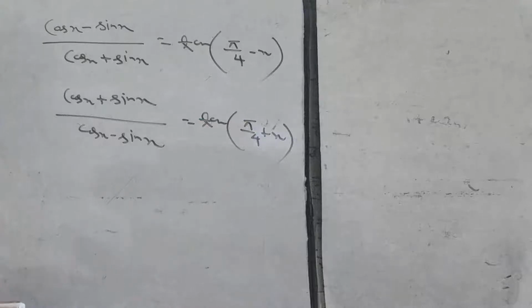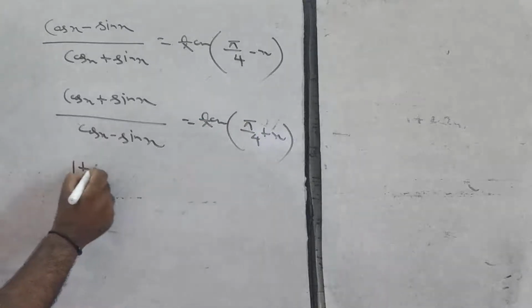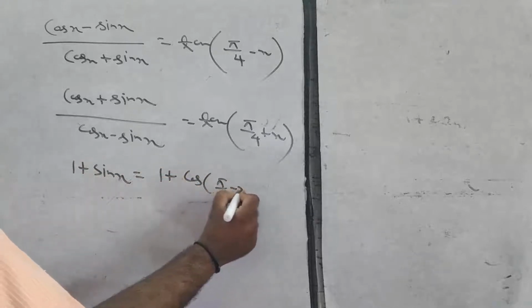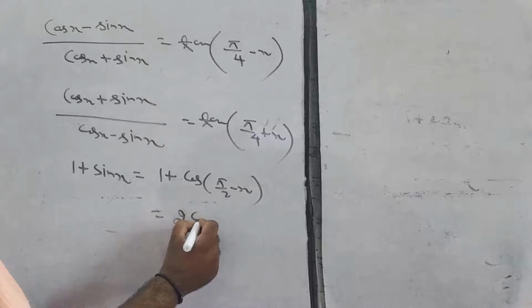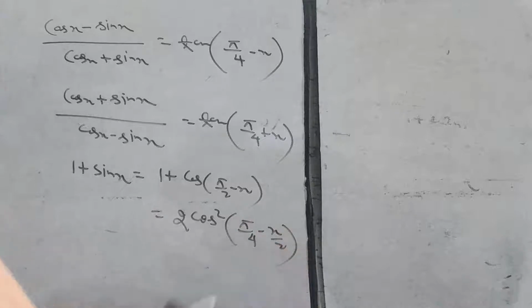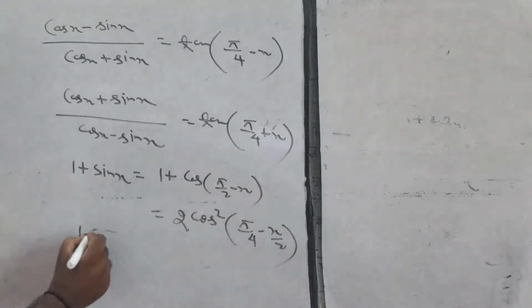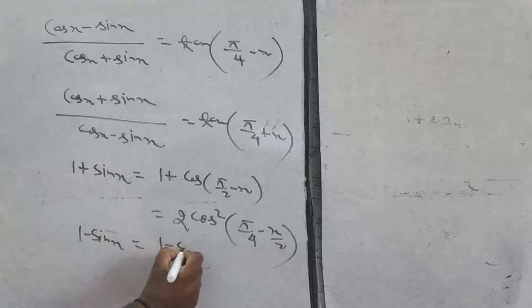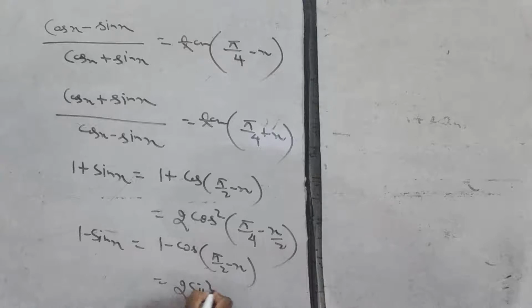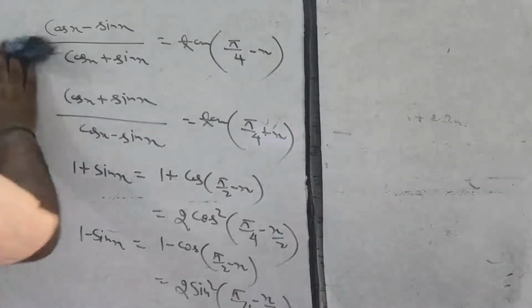Now 1 plus sin x can be written as 1 plus cos of 90 minus x, and can be written as 2 cos square of pi by 4 minus x by 2. Likewise 1 minus sin x can be written as 1 minus cos of pi by 2 minus x, and can be written as 2 sin square of pi by 4 minus x by 2. So you must keep these things in mind while solving the question.